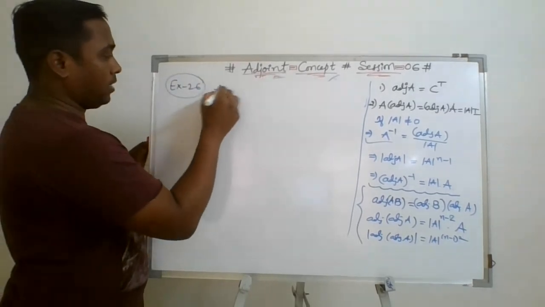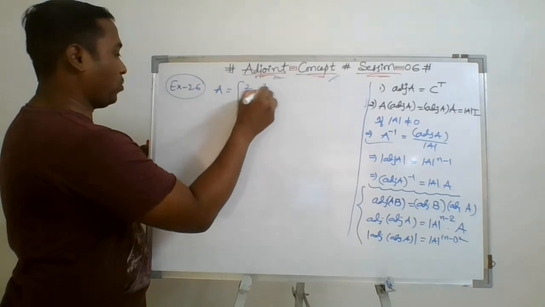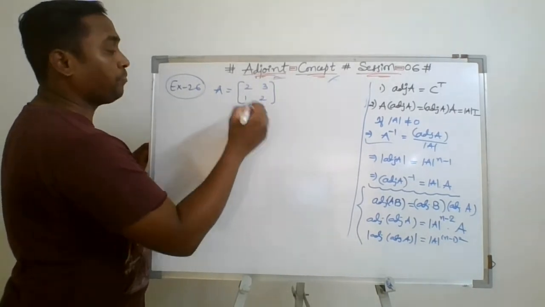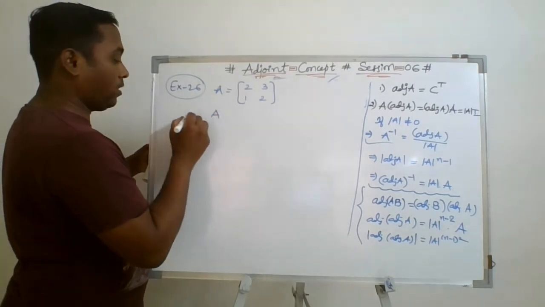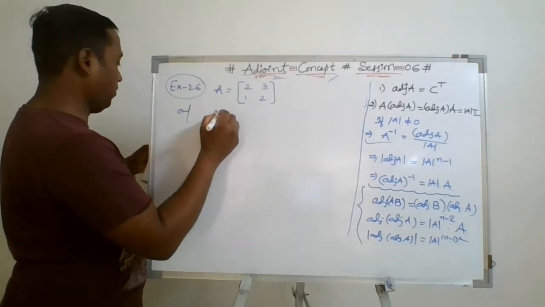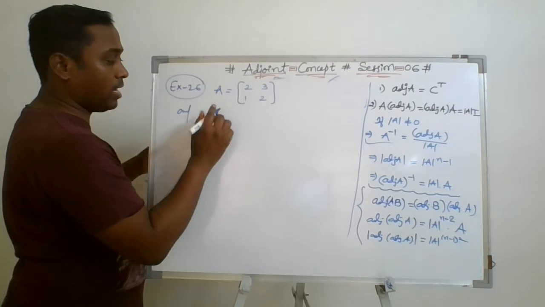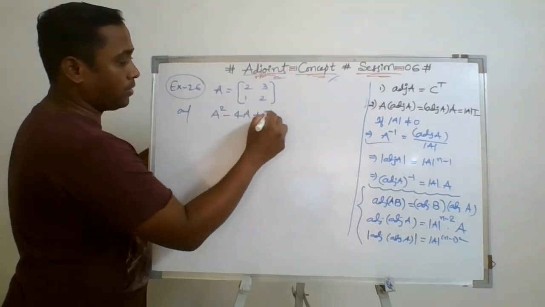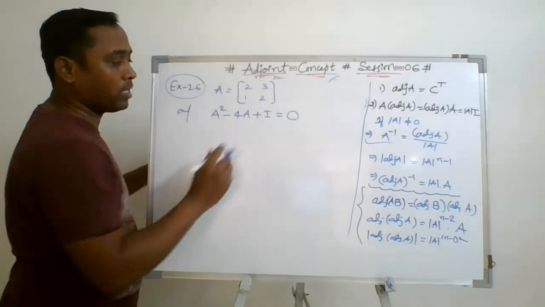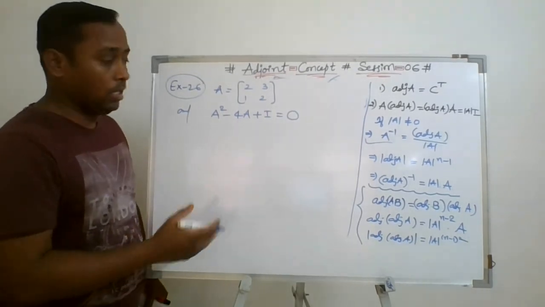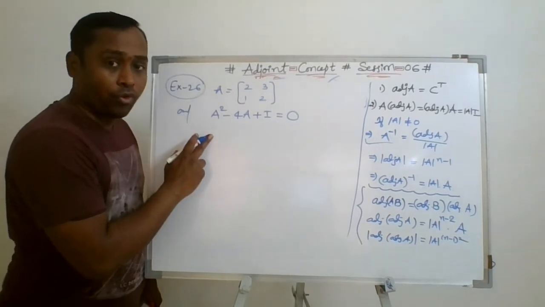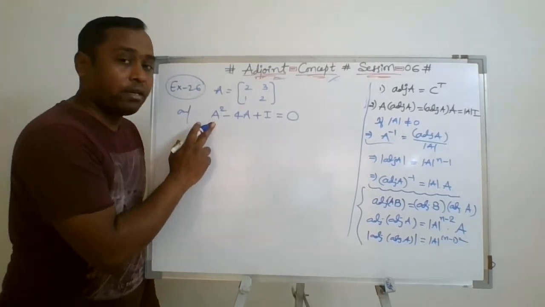The matrix A is a 2 by 2 matrix [2, 3; 1, 2], and here a matrix equation is given: we have to show that this matrix satisfies A square minus 4A plus I equal to a 0 matrix.